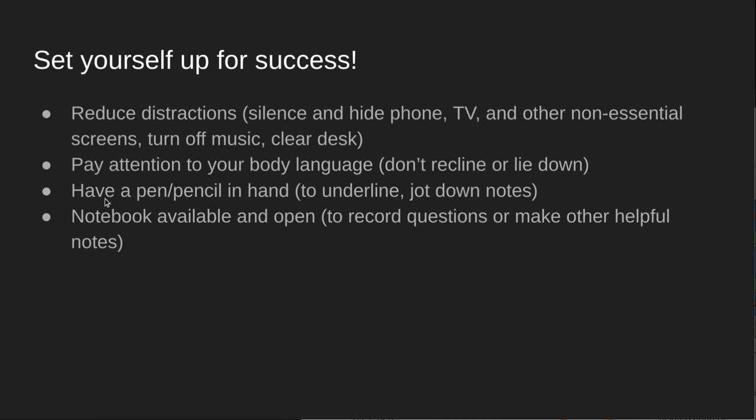Something else, another material thing that you'll need to help set yourself up for success is a pen or a pencil in your hand, or at least ready to go by your side, so that you can underline ideas as you come to them. You can jot down notes in your notebook or in the margin of your book, whatever the case might be. You want to have a pen or pencil, as opposed to a highlighter.